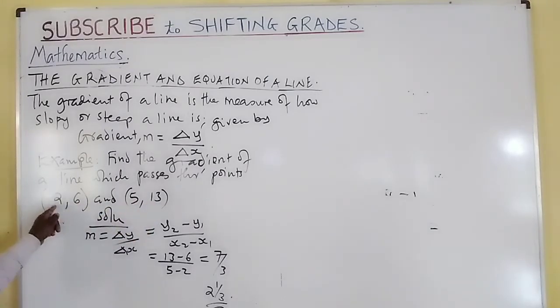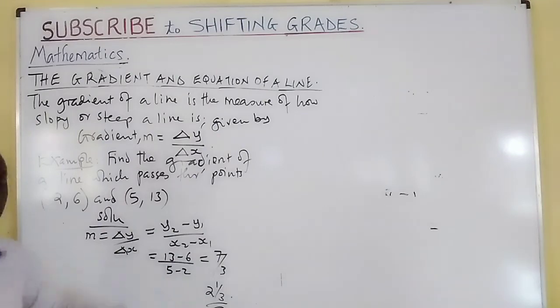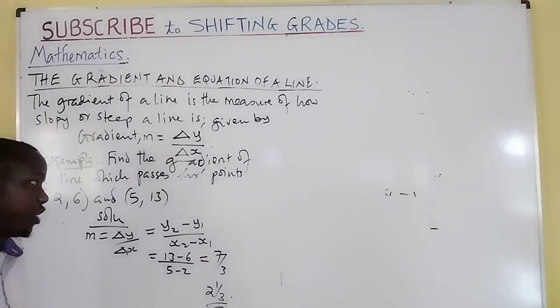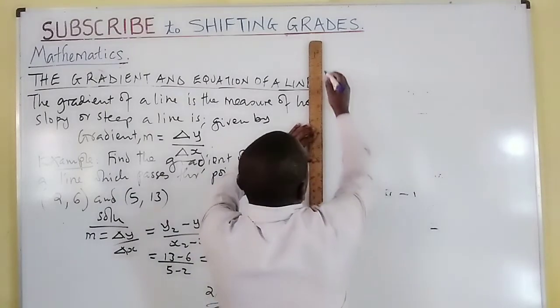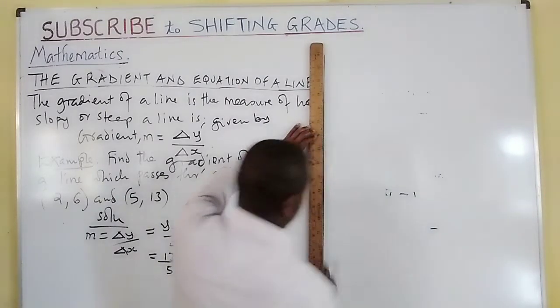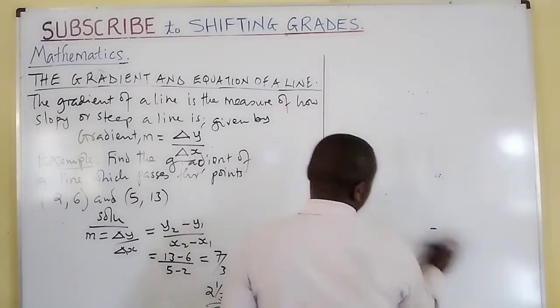The x-axis is varying by 3 units from 2 to 5, and the y-axis is varying from 6 to 13, so 7 units. That measure of the vertical displacement divided by the horizontal displacement is what we call the gradient of a straight line. Now, we can go to something called the equation of a line.